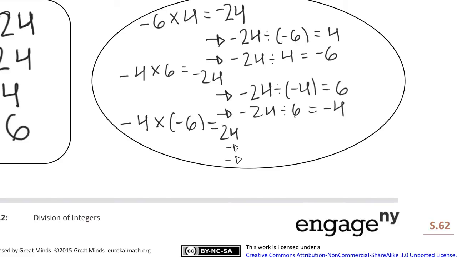We have 24 divided by negative 4 equals 6, and 24 divided by 6 equals negative 4. Please go ahead and pause the video if you need more time to write all of this down. Let's move on to the next page.